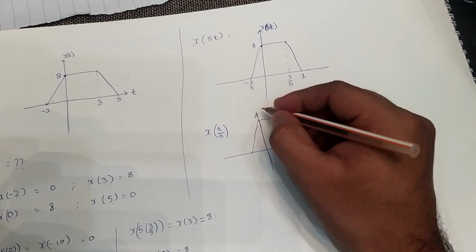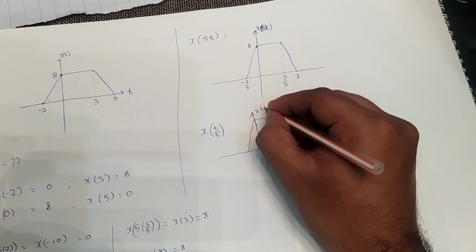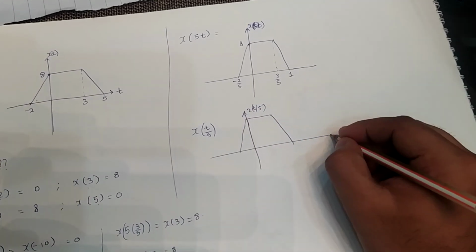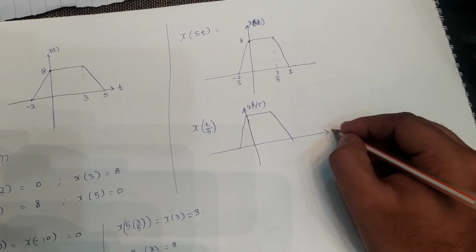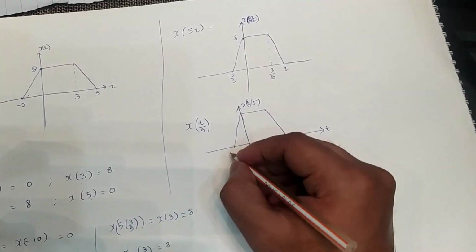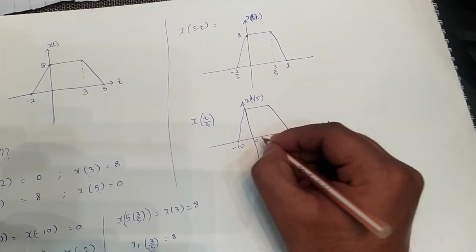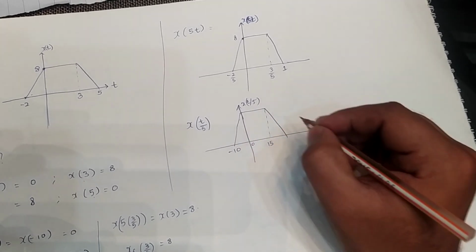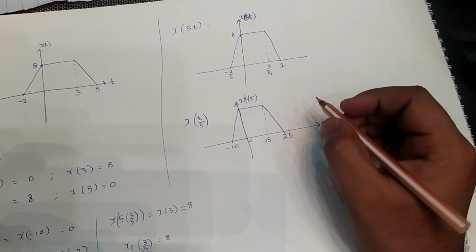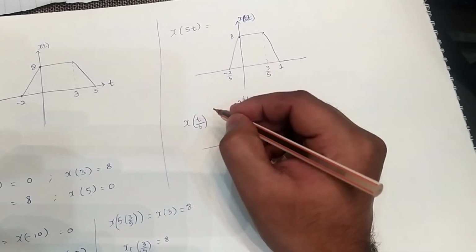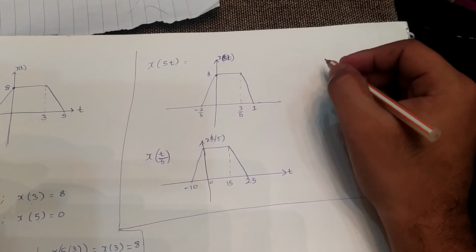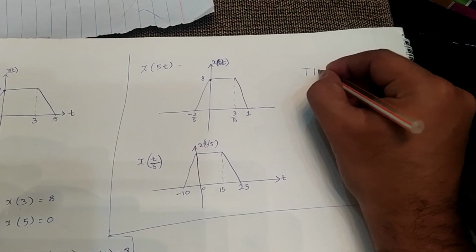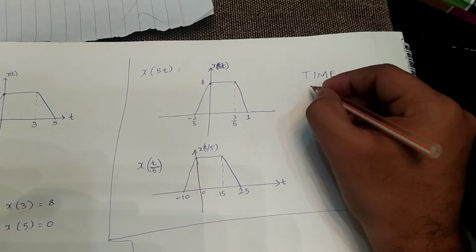So this will be x of t by 5. The shape is going to remain the same, whereas minus 2 would become minus 10, 0, 3 would become 15, 5 would become 25. I hope you understood the analogy. And so this entire process is called time scaling.